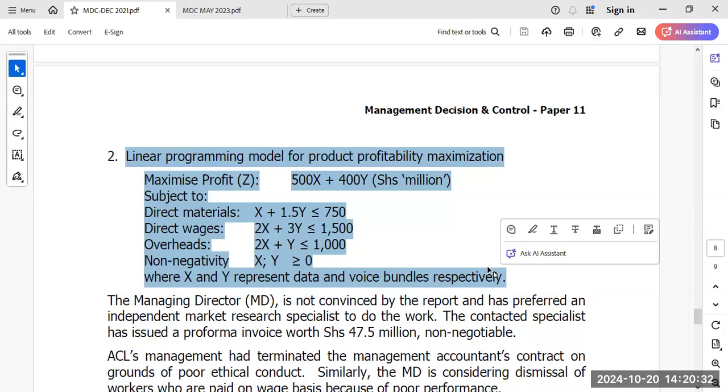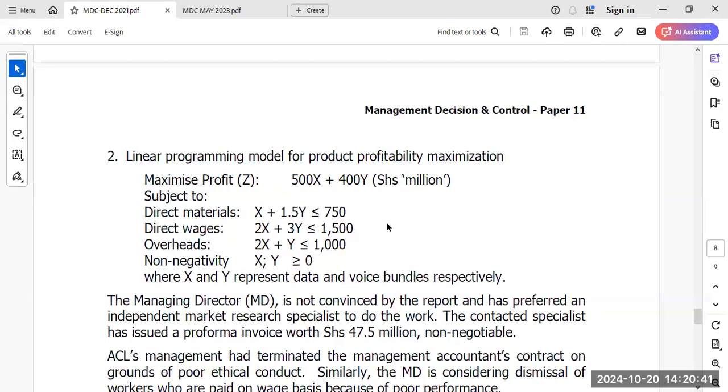So since you have the model, immediately start solving this model. So we are going to first solve this model using Simplex method. Then after that, we look for range, okay? So let's start.